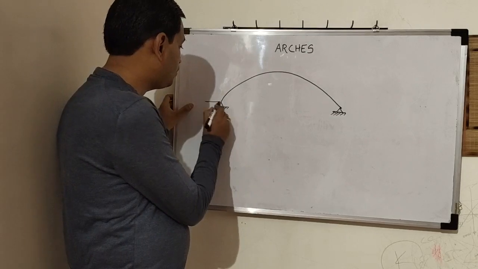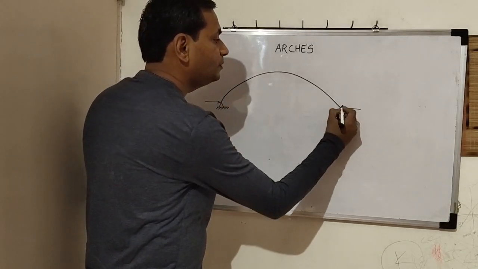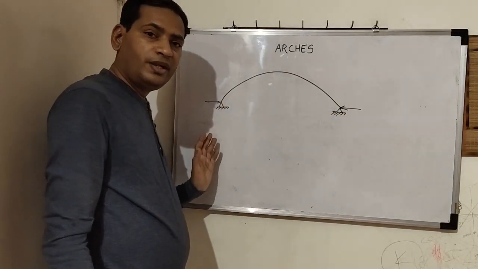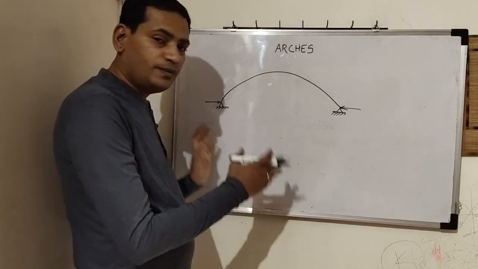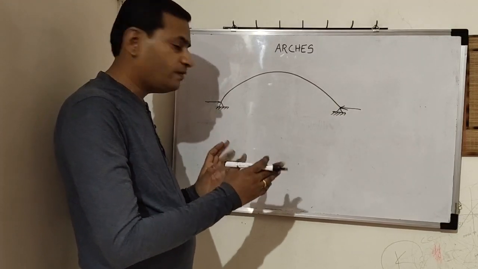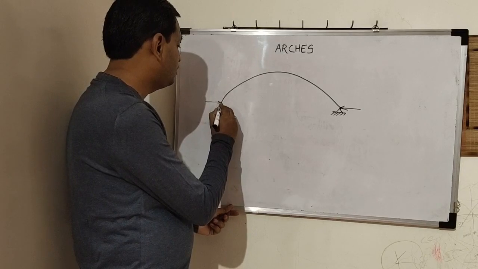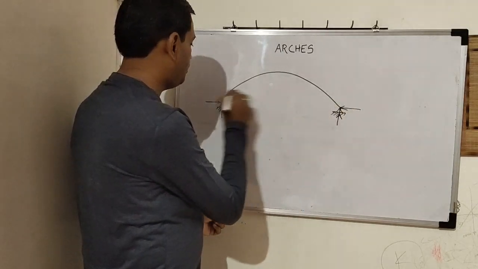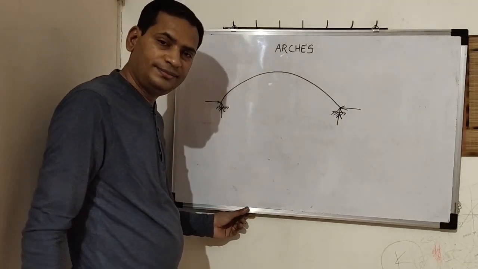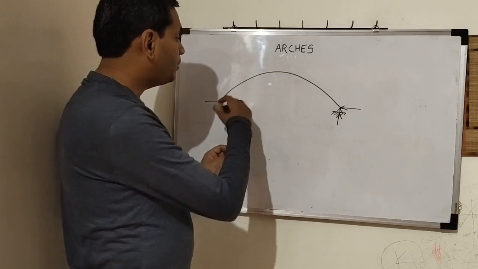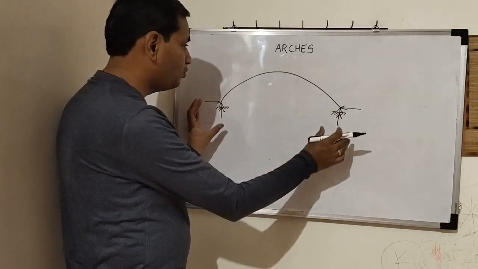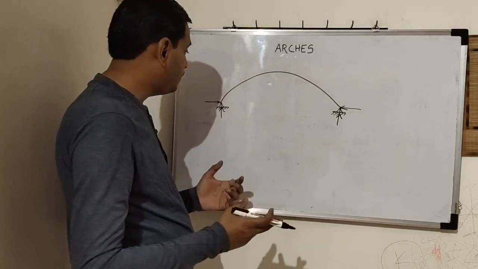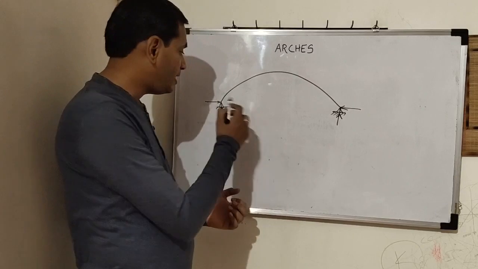So this is the horizontal direction. In this direction, the movement of these two supports is prevented, and because of this, a horizontal thrust is developed at the support. So these are vertical reactions and these are horizontal reactions, which will be known as horizontal thrust. So an arch is a curved beam in which horizontal movement of supports is restrained or stopped, because of which horizontal thrust is generated at the supports.